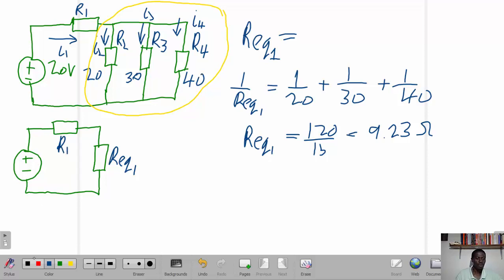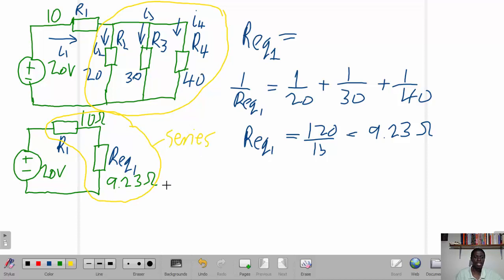The values here are 20 volts there, and R1 was 10 ohms. So this is also 10 ohms, and we found this to be 9.23 ohms. Therefore, we are able to determine the total resistance of this circuit. Remember that these two resistances are now in series. So this is series.